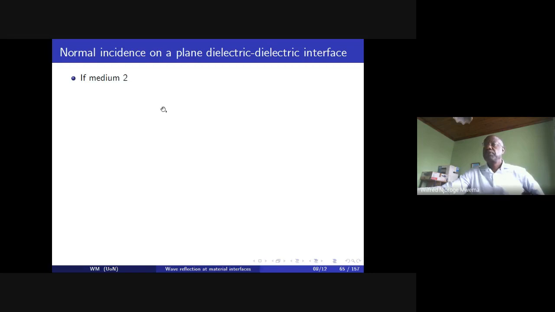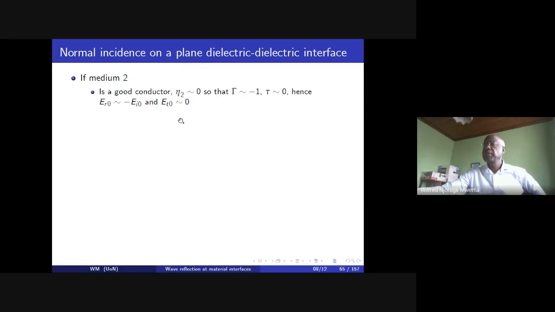So if medium 2 was a good conductor, then eta 2 would be very close to 0. It would be eta m that we found before, and gamma will go to -1 and tau will go to 0. Okay? And ER0 will then be approximately minus EI0, and ET0 is approximately 0.